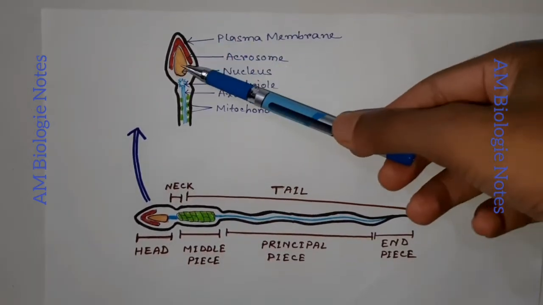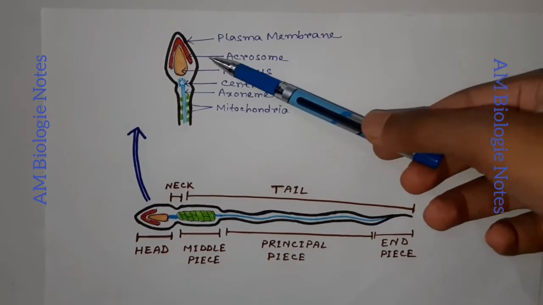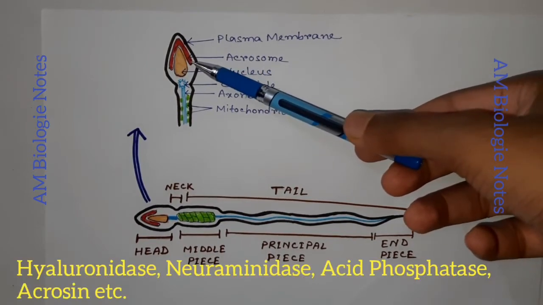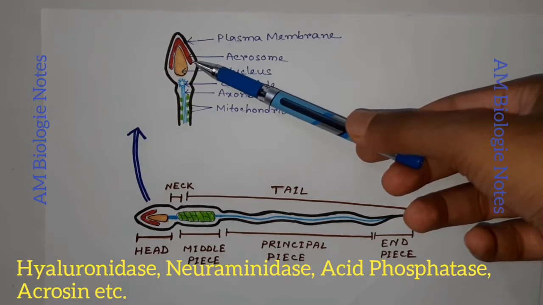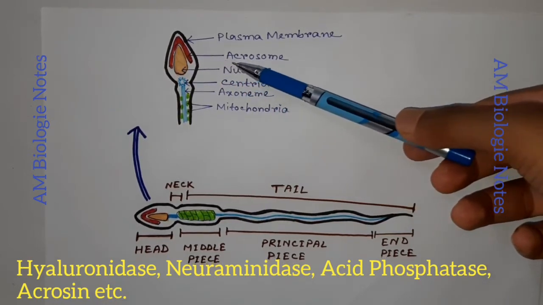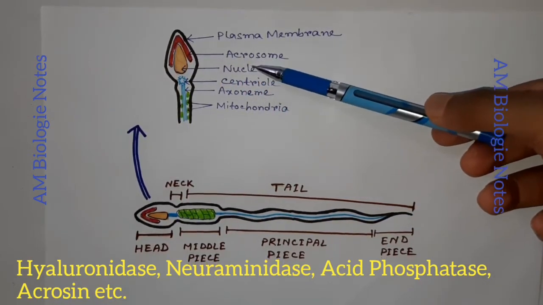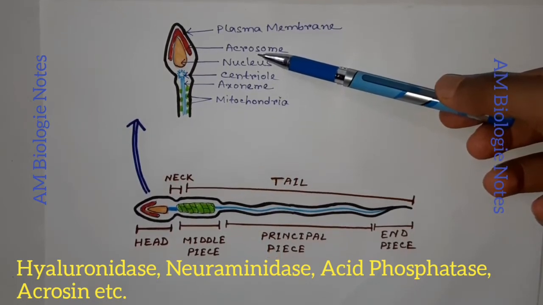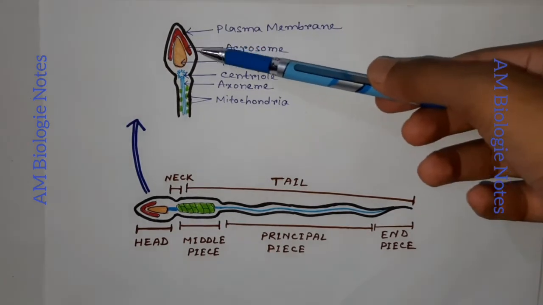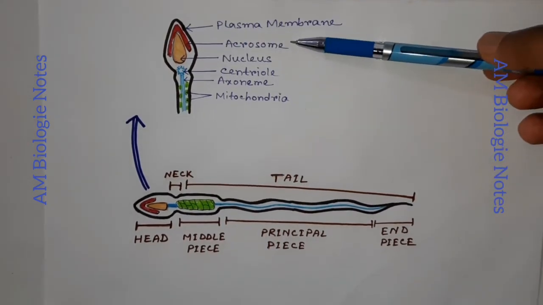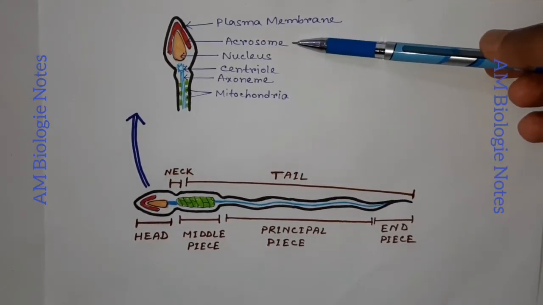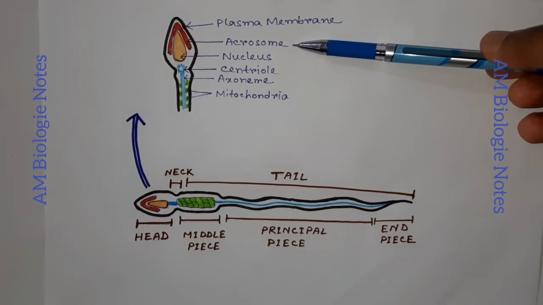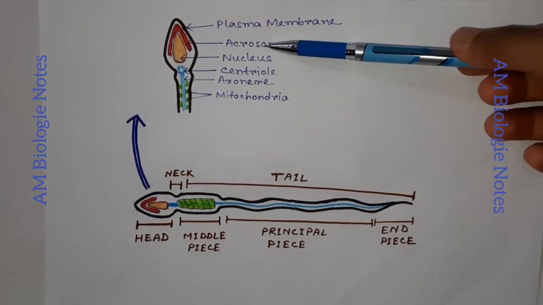This acrosomal vesicle contains various types of enzymes like hyaluronidase, neuraminidase, acid phosphatase, and a trypsin-like protease called acrosin. These enzymes are essential to digest a path through the outer coverings of an egg during successful fertilization.